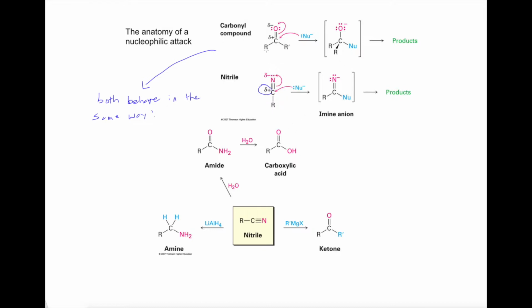Notice you see there that partial positive again, just like with the carbonyl. Our intermediates are very similar as well. In this case though, for the nitrile, we get what's called an imine anion intermediate.